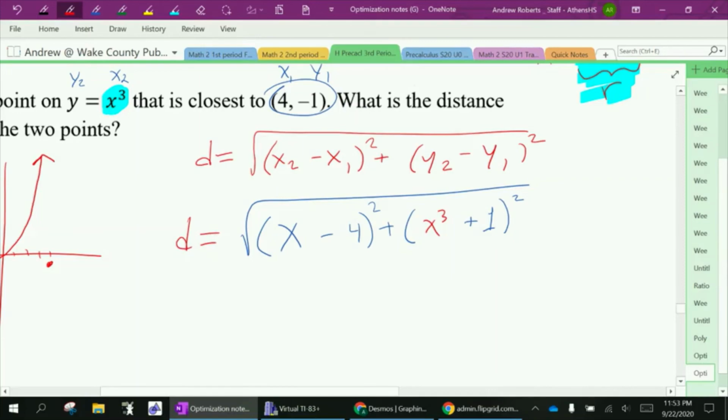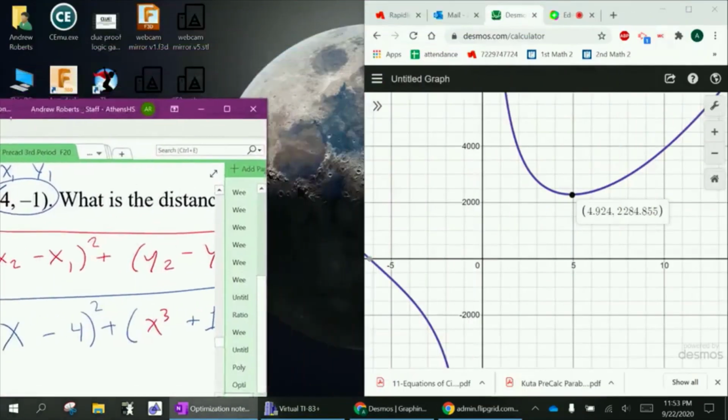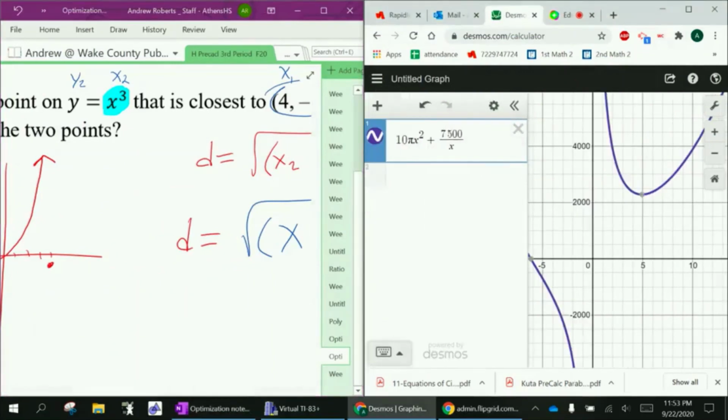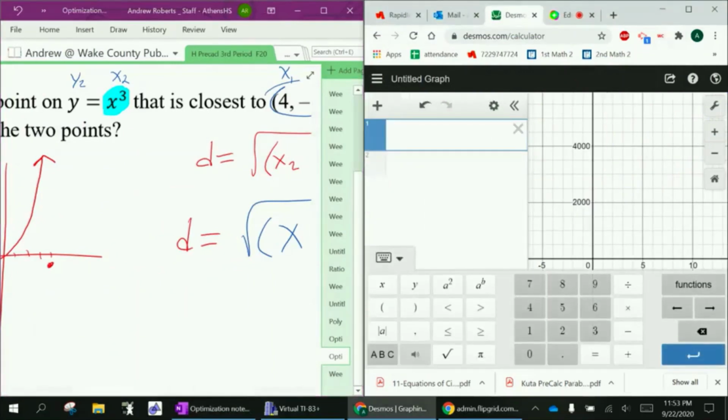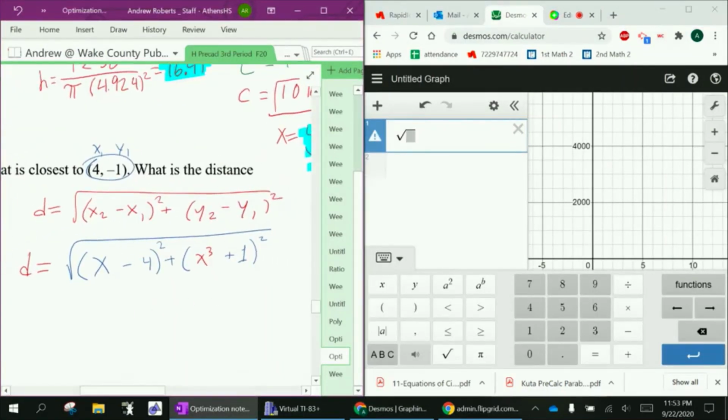So we can graph the square root of x minus 4 squared plus y, not y.